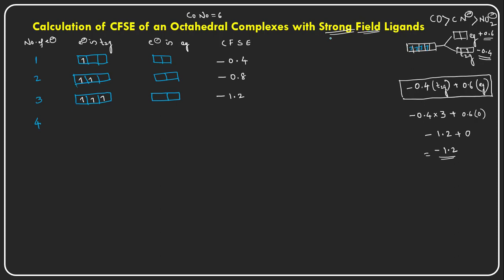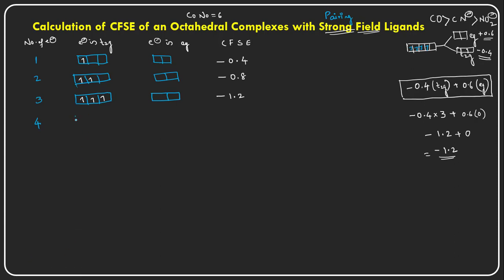If it is a strong field ligand, then pairing will take place. This is the important one. Pairing takes place in the lower energy level only. So as 3 electrons are already there, the fourth electron also enters into the T2G orbital.